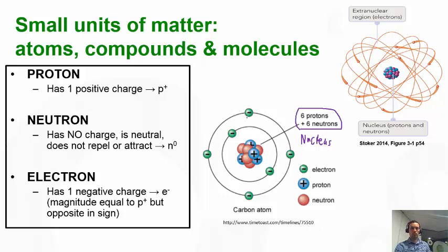And what about these green ones around the outside of the nucleus? What are those? Well, these are the electrons, which are held around the outside of the nucleus by the attraction between the nucleus and the electrons. So why do you think the electrons might be attracted to the nucleus?